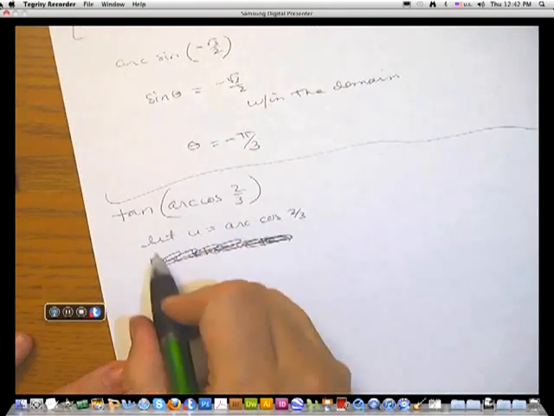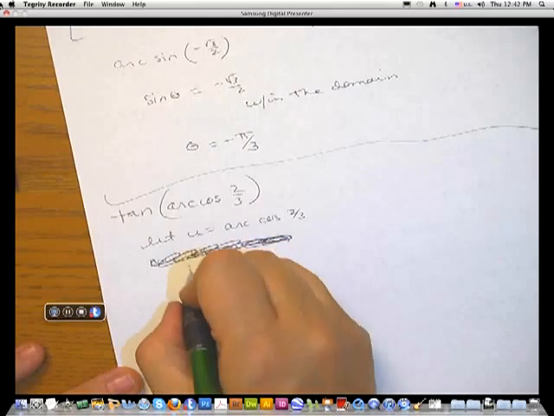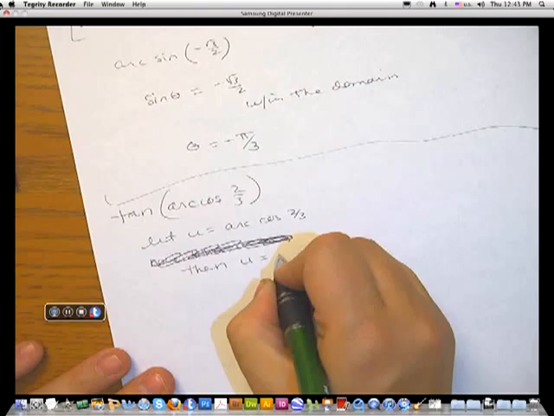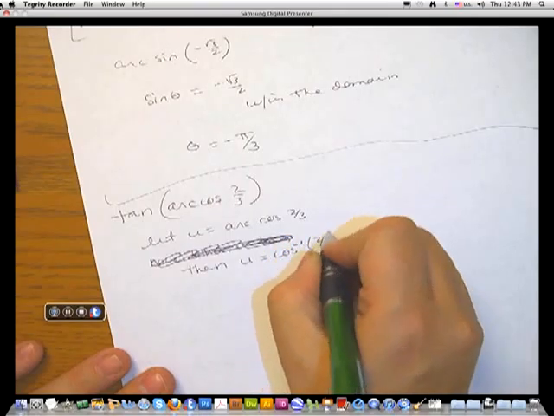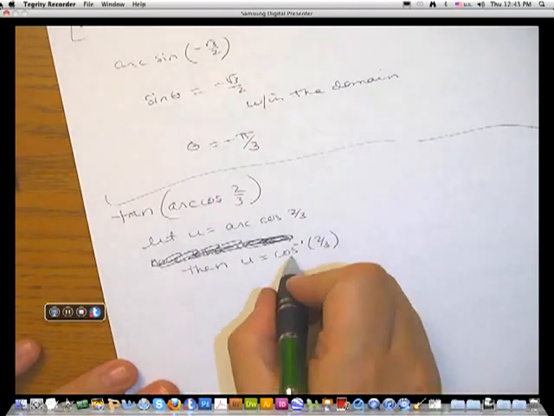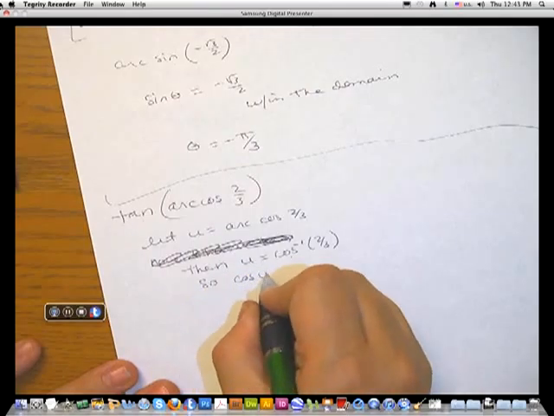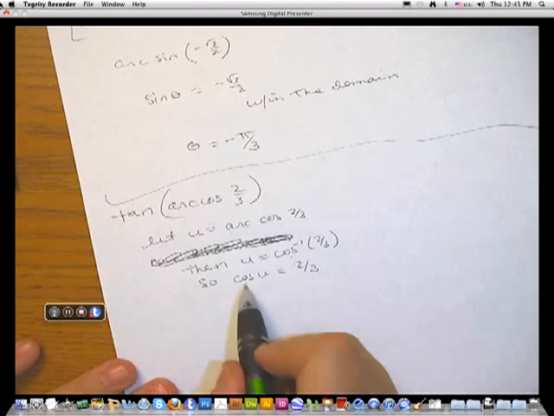Scratch that, sorry. Let u equal arccosine of 2/3. Therefore, u is equal to this inverse. It's just a new way of writing it. And again, changing the writing of it says, so what angle gives me 2/3?